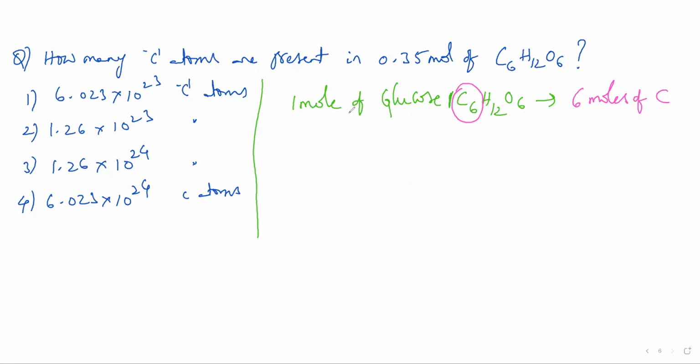But how many moles of glucose is taken? 0.35 moles of C6H12O6 contain how many? 6 by 1 into 0.35, cross multiplication, right? So how many moles will it become? 6 into 0.35.